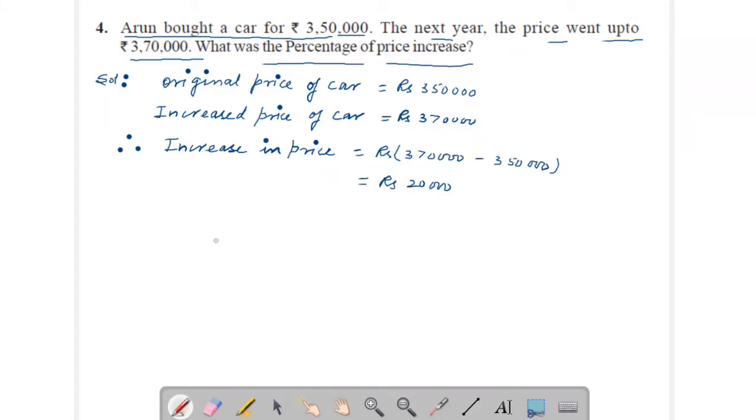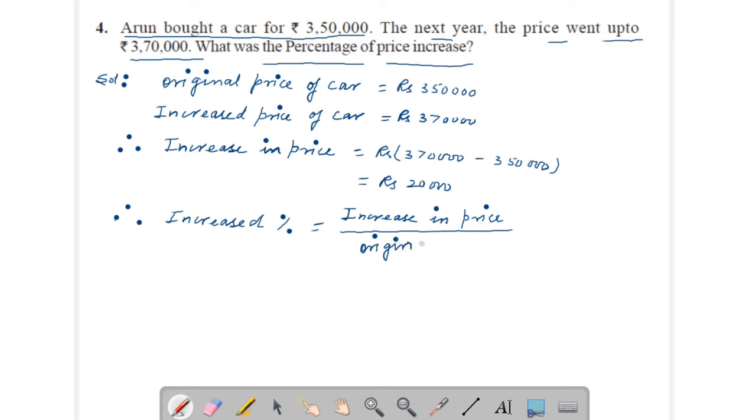Therefore, increased percent is increase in price upon original price into 100%.